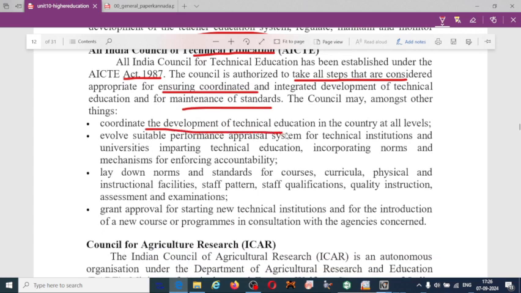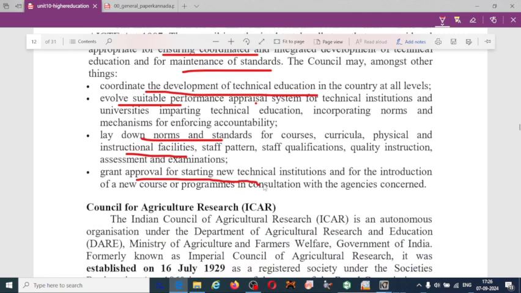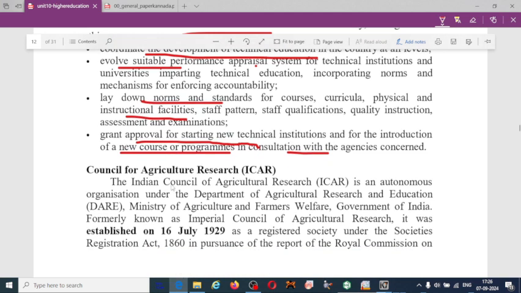Coordinate the development of technical education in the country at all the levels, evolve suitable performance, lay down norms and standards for course, curriculum, physical and instructional facilities, grant approval for starting new technical institutions and for introduction of new courses or programs in consultation with agencies concerned.